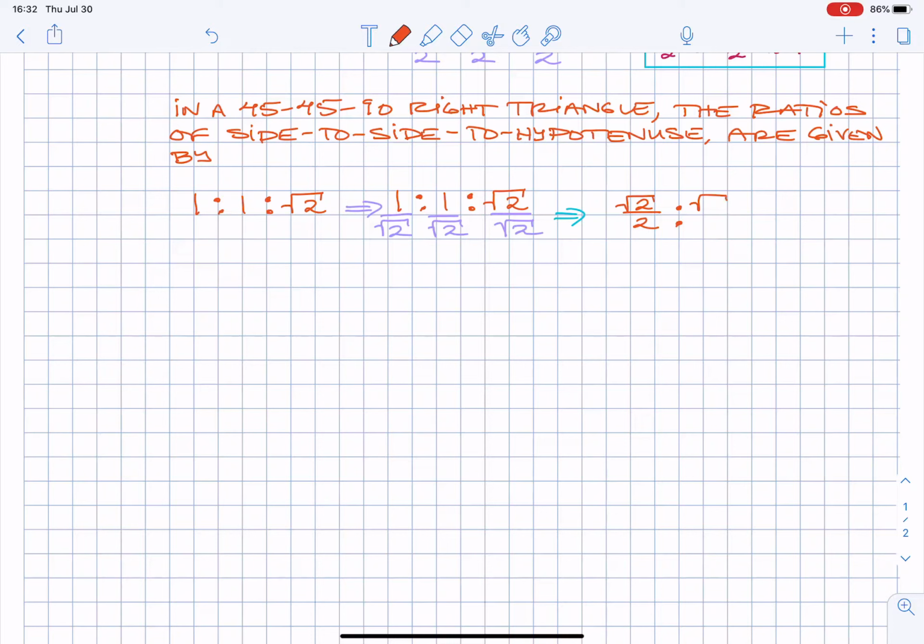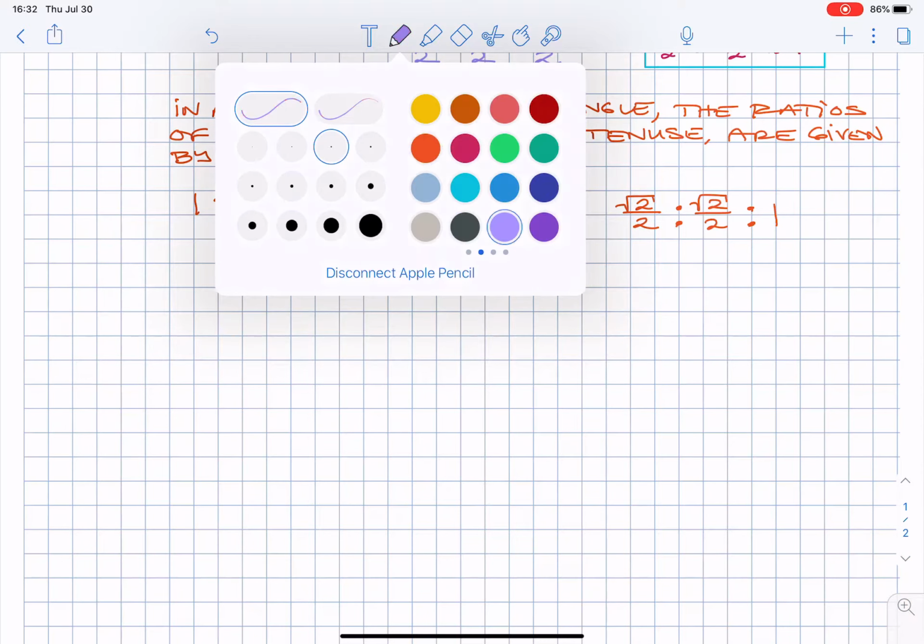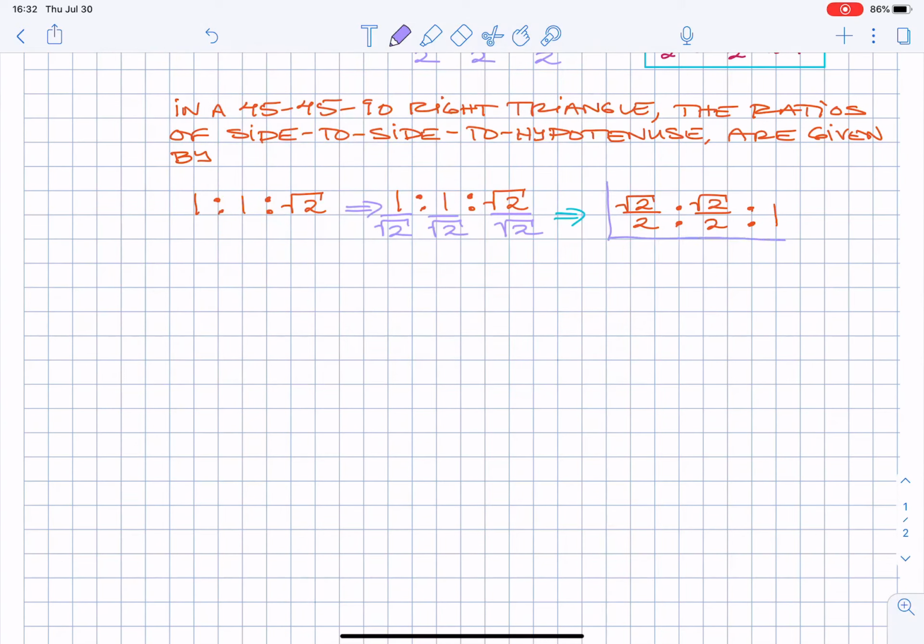Square root of 2 over 2, because both sides are the same, and hypotenuse of 1, which is what we're going for here. So these are the ratios in a 45, 45, 90 right triangle, provided the hypotenuse is 1.